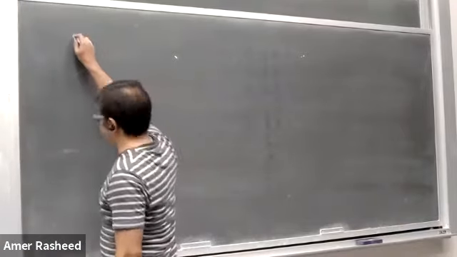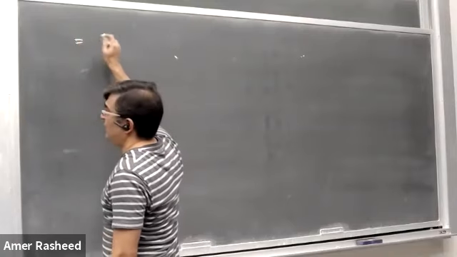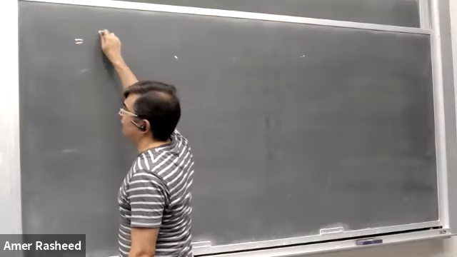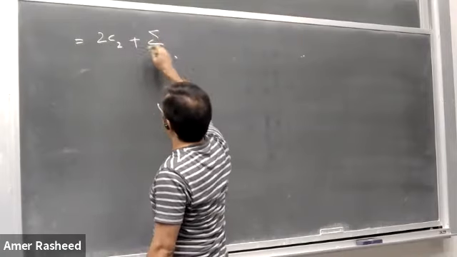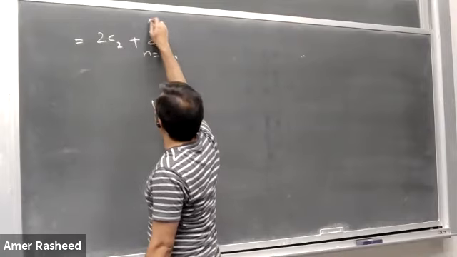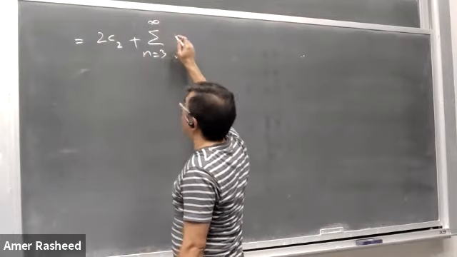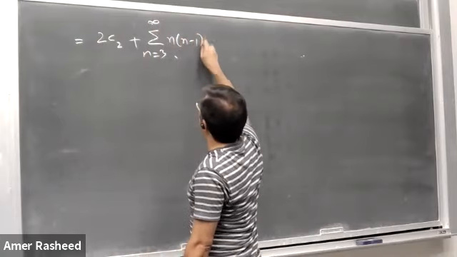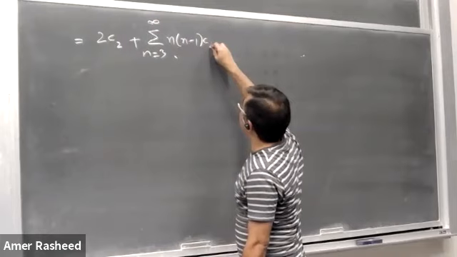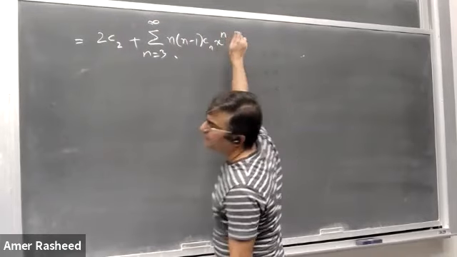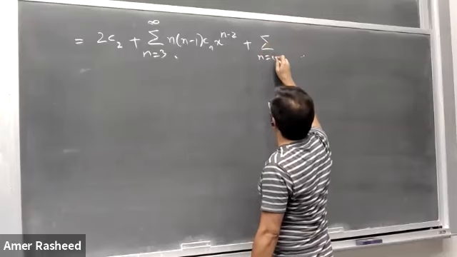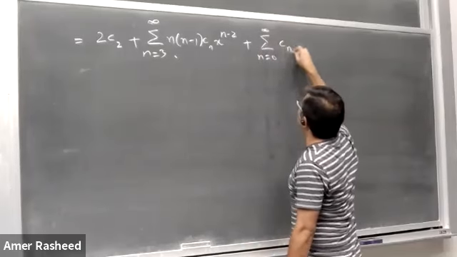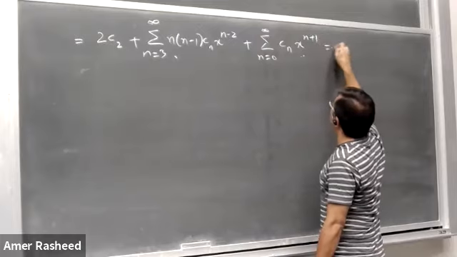It was basically nothing but 2 times c2, that is 2c2, since x to the power 0 is 1. So the sum from n equals 3 to infinity of n into n minus 1, cn x to the power n minus 2, plus the summation from n equals 0 to infinity of cn x to the power n plus 1 is equal to 0.